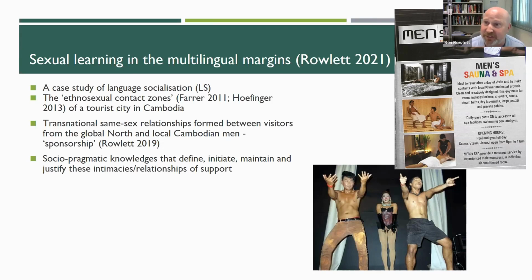By doing so, I want to demonstrate how these processes of language socialization brought access to multilingual resources circulating in these contact zones and beyond, and in this way informed the sociopragmatic competencies to understand sex or sexualities and relationship practices in this site of engagement. And this means also the potential to take action.